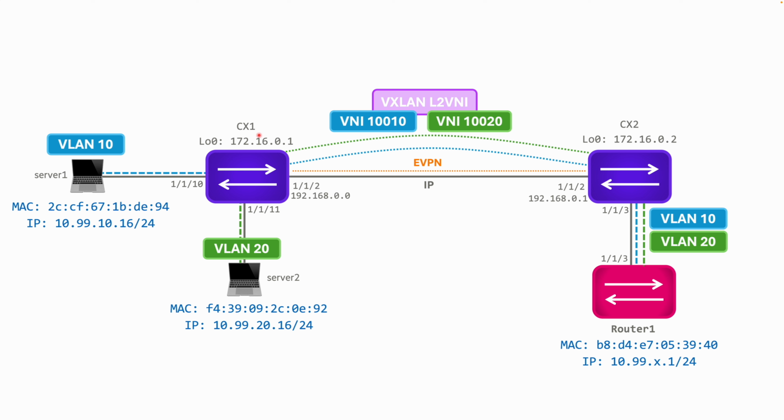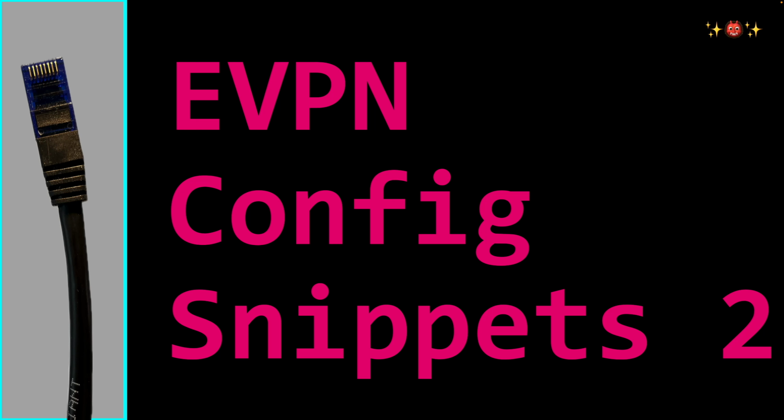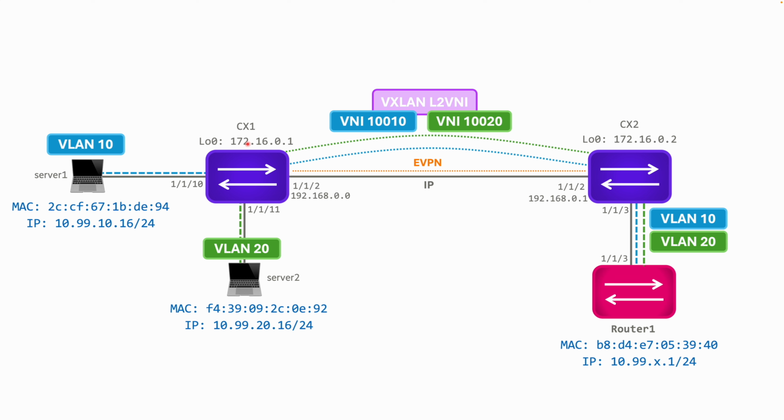That's received by CX1. CX1 will forward that broadcast traffic to devices that it has as part of the mapping between VLAN 10 and VNI 10,010. CX1 has a route type 3 from CX2, and using the route targets for the VNI 10,010, that's been imported, which means essentially that CX1 will forward this BUM traffic over to CX2.